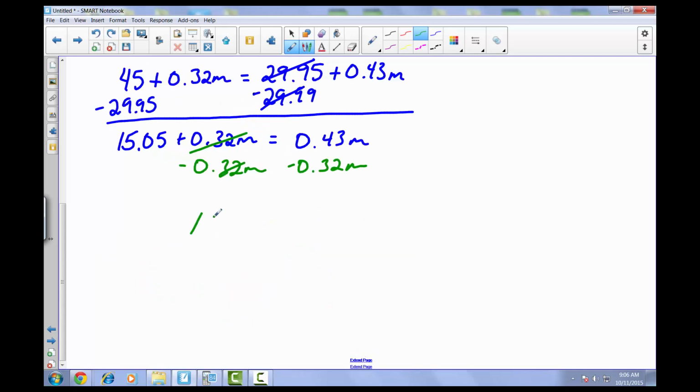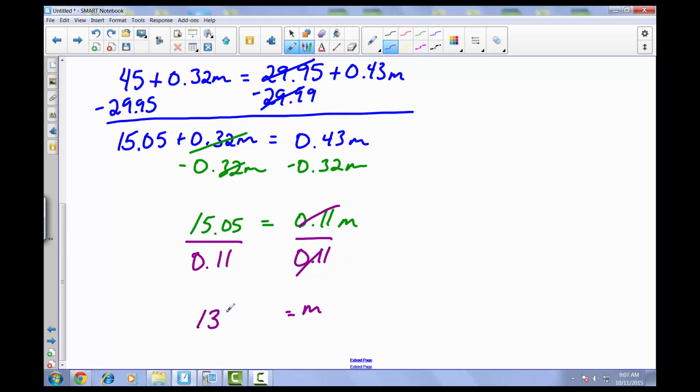We then end up with 15.05 is equal to 0.11 M. And now just dividing both sides by 0.11, we see that M comes out to be 136.82 miles when you round that. So it's about 136.82 miles.